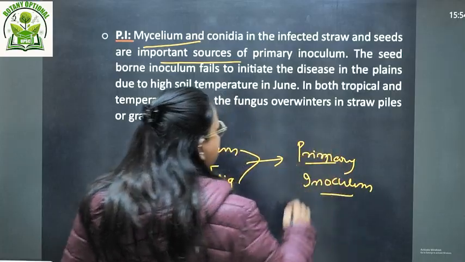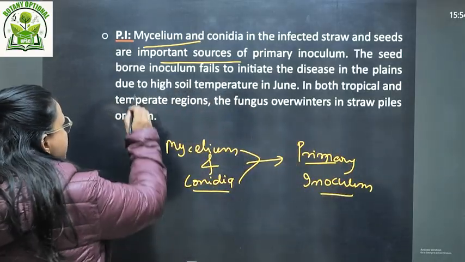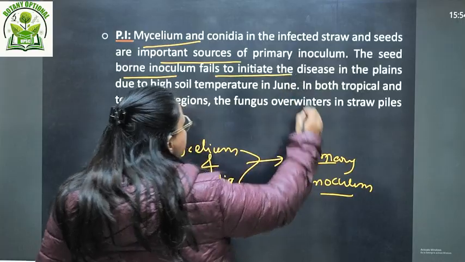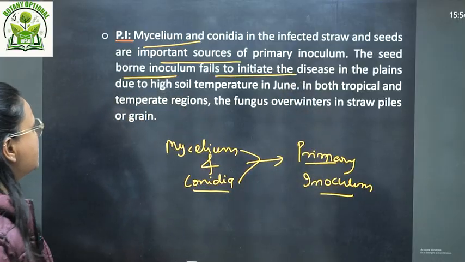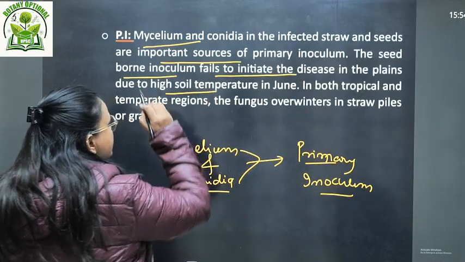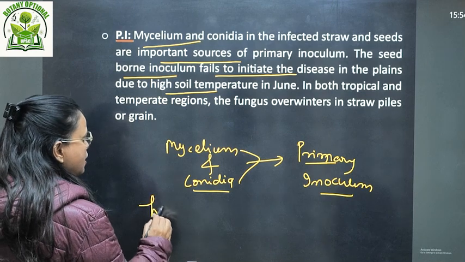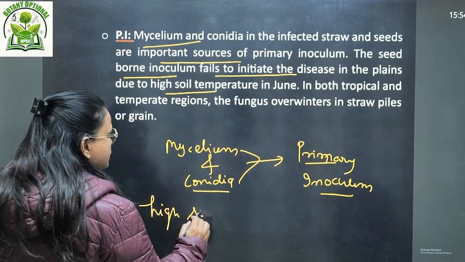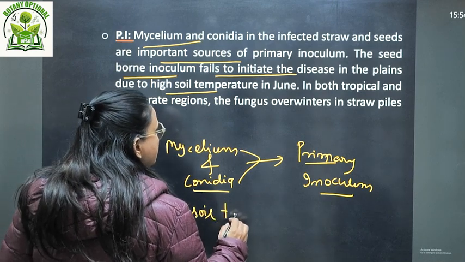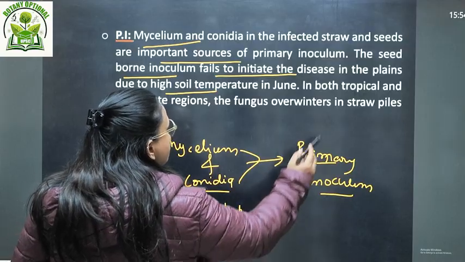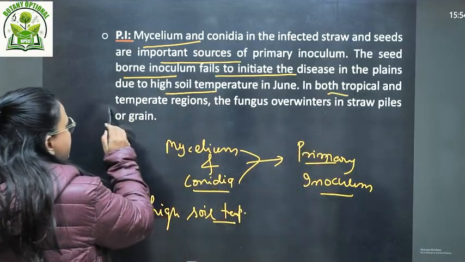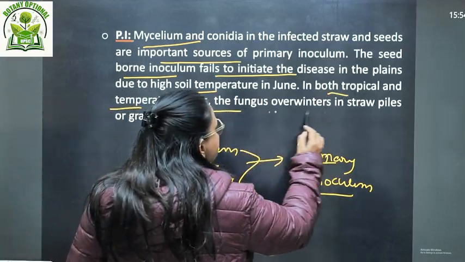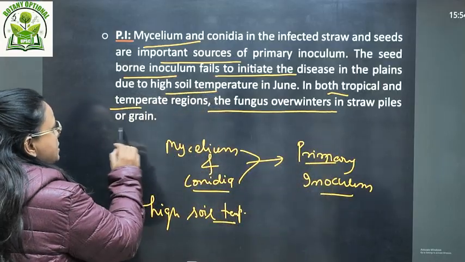The seed-borne inoculum fails to initiate the disease in the plants due to high soil temperature. In both tropical and temperate regions, the fungus overwinters in straw piles or grain.